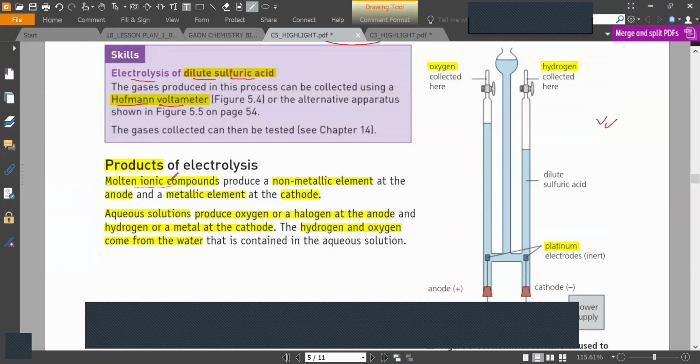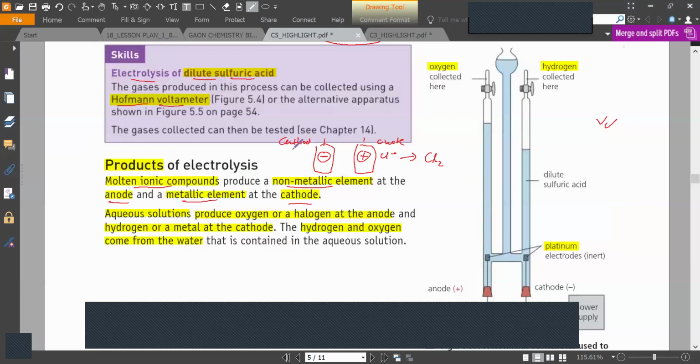Molten ionic compounds produce a non-metallic element at the anode and a metallic element at the cathode. As we mentioned before, the cathode is negative and the anode is positive. The anode will attract the non-metal and produce the non-metal product.